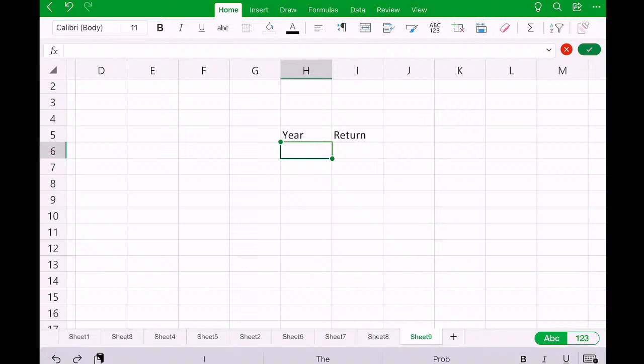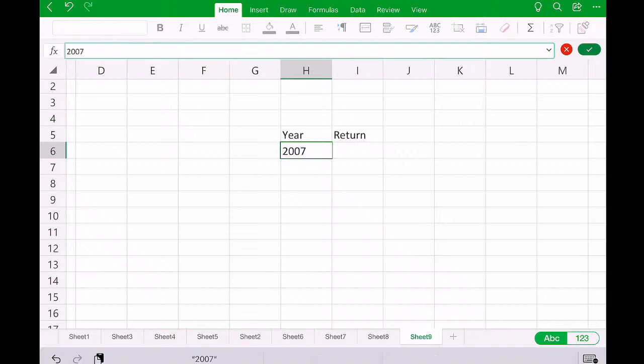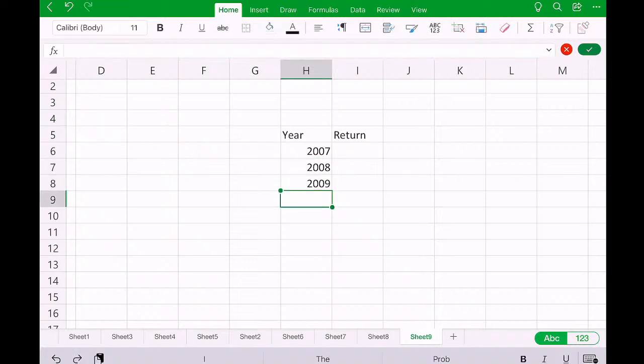So this would be 2007, this is 2008, 2009, and 2010.